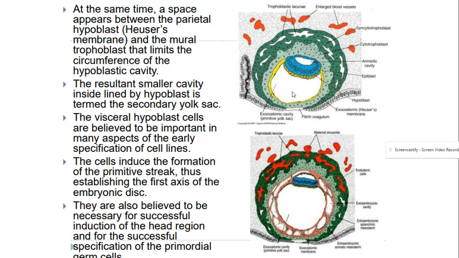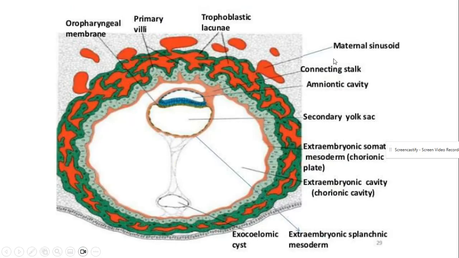Amniotic cavity, this is the exocoelomic cavity. This is the primitive yolk sac. Okay, so the oropharyngeal membrane. This here is the oropharyngeal membrane. These are primary villi, trophoblastic lacunae. Exocoelomic cyst, right? We just said there are two cysts, two cavities formed. This here is extra embryonic splanchnic mesoderm right here.